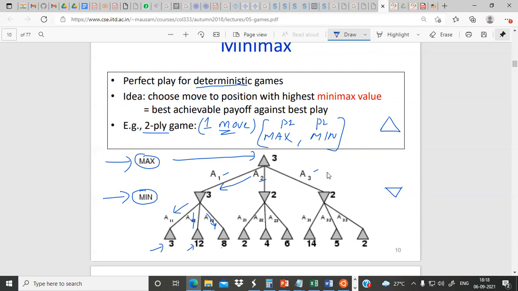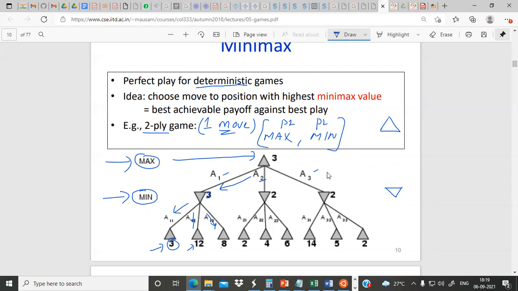But player two's objective is to minimize the score of player one, so he takes the minimum one, 3. And this is the leaf node.